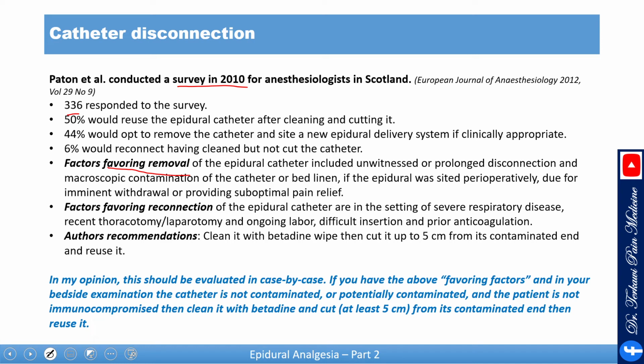If I'm planning to remove it, I will make sure that the patient is not anticoagulated. But again, not immunocompromised, then I will clean it with an epidural wipe and cut at least 5 centimeters from the contaminated end and reuse it. So again, it's case by case.